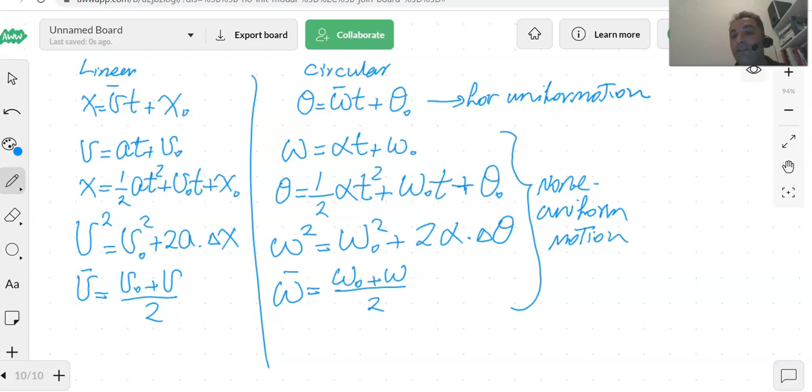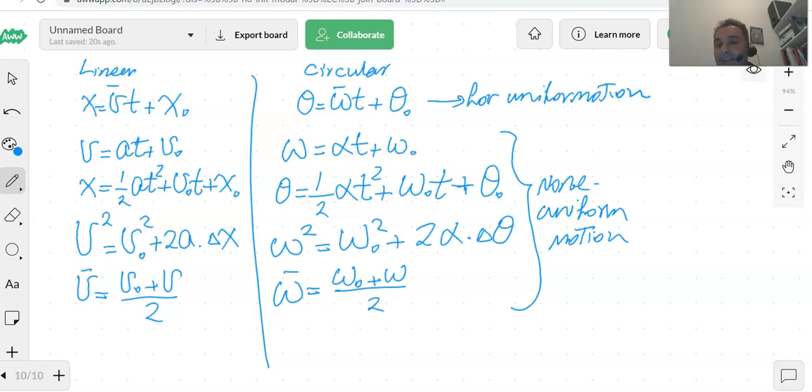Okay, now we have uniform circular motion and non-uniform circular motion. Imagine you are on the circle and you put your car on cruise control at 40 miles per hour. You go around the circle at 40 miles per hour all the time, so your velocity is constant.